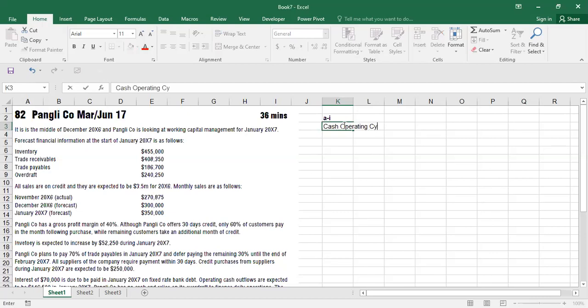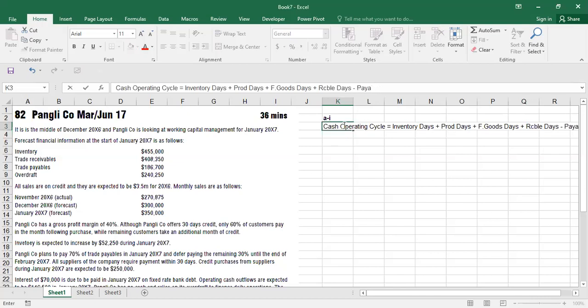And cash operating cycle is equal to your raw material days, which you call inventory days, plus your production days, plus your finished goods days, plus your receivable days, and minus your payable days.